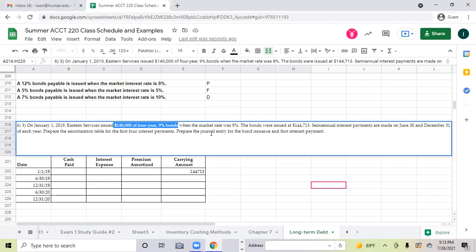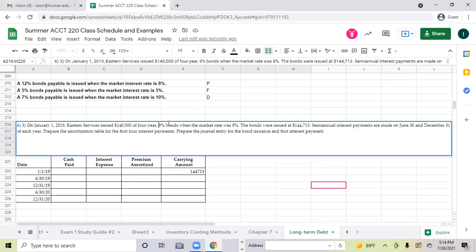But when we sold the bonds on the market, people who bought those bonds were actually willing to accept 8% interest, a lower interest rate. So probably interest rates went down, or the riskiness of our company went down. So they were willing to accept a lower interest rate than what we agreed to pay. Does that make sense?